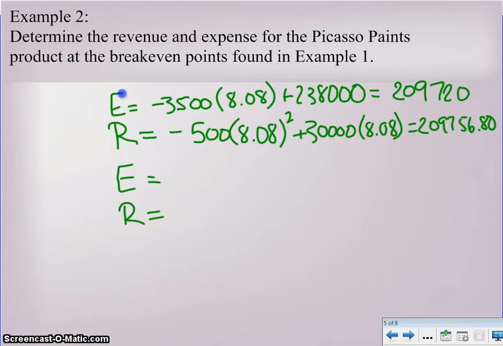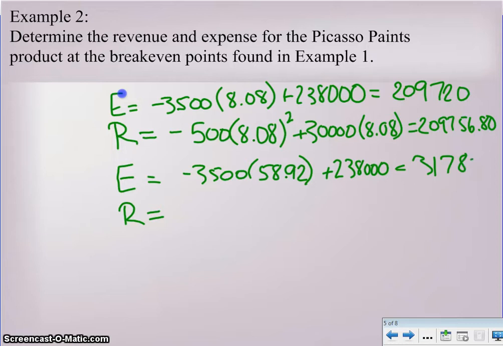On the high end, we have negative 3,500 times 58.92, which was our high-end break-even point, plus the 238,000 equals 31,780.